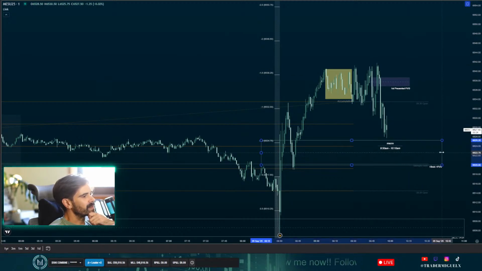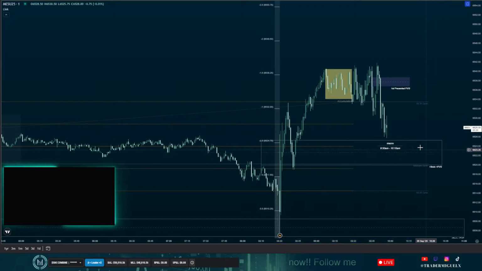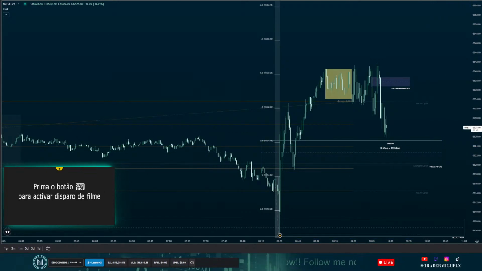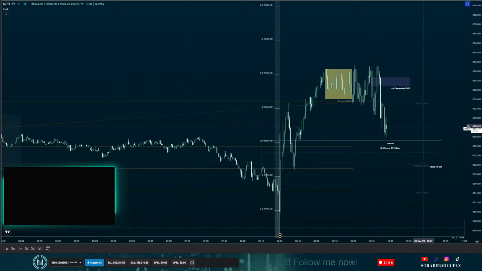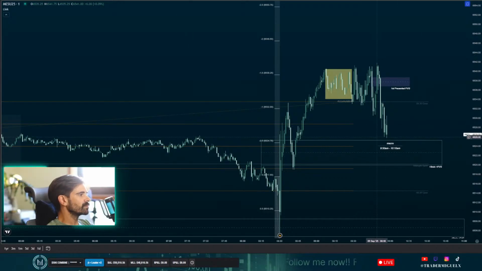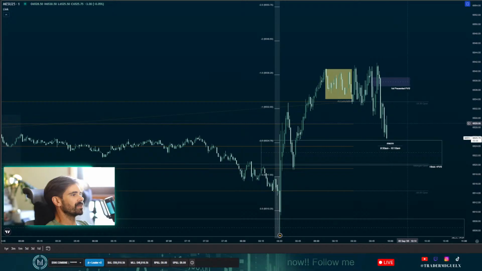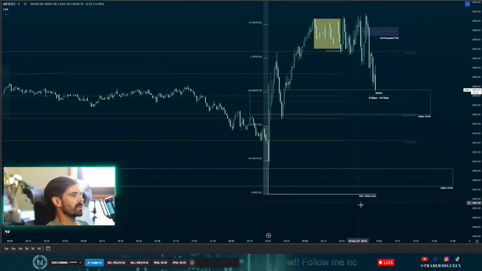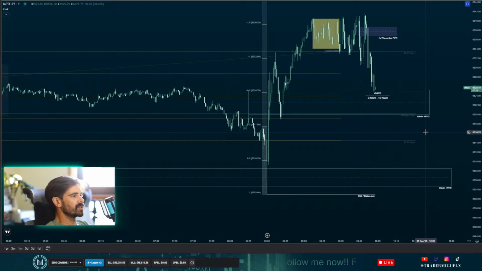We have this 15-minute fair value gap here, the bullish one. So price can eventually react to it as well. It's kind of a tricky situation to go short here, despite I mentioned since the beginning of the stream that these lows were kind of juicy for me.